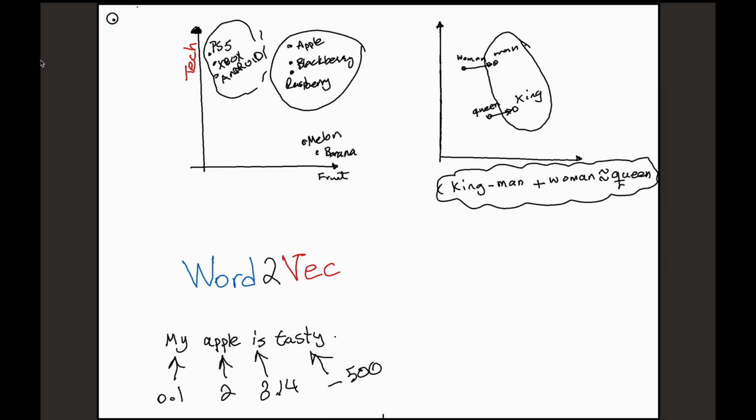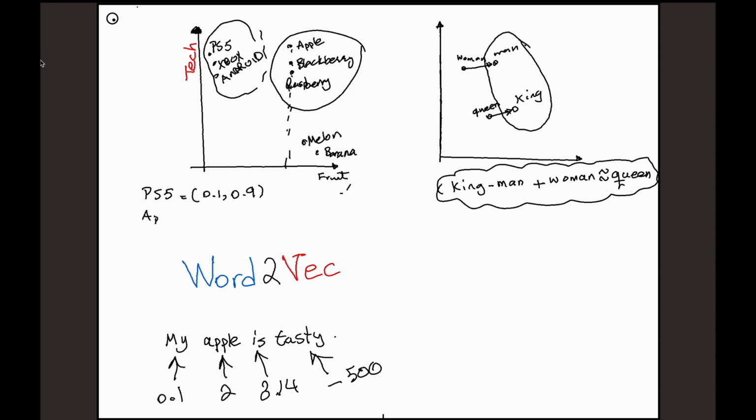These can be fruit or tech. So if we could show these things in 2 dimensions, we probably want Apple, BlackBerry, and Raspberry to be very close on this axis. That means if I'm projecting only on the fruit axis, I want them to be close to the fruit categories. And when I'm projecting on the tech one, I also want them to be close. For example, in this representation, PS5 is probably represented as, let's say, 0.1 fruit and 0.9 tech.